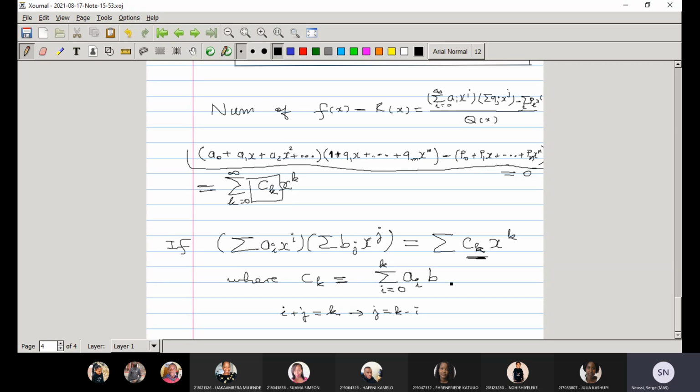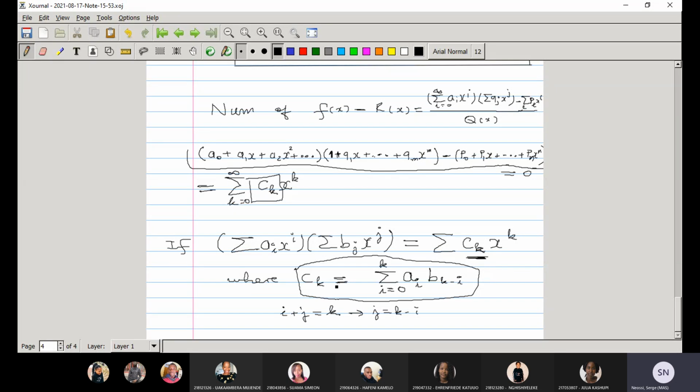So I take this and put there k minus i. So if I sum on i from 0 to k, and this is i, and this is j, where the sum of i plus j is k, I can write everything in terms of i. So this would be my formula. That's how you obtain the product of two polynomials or two series.